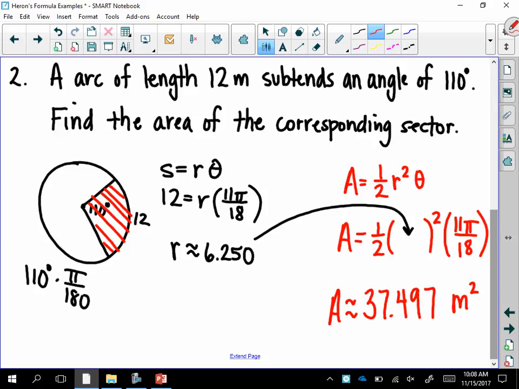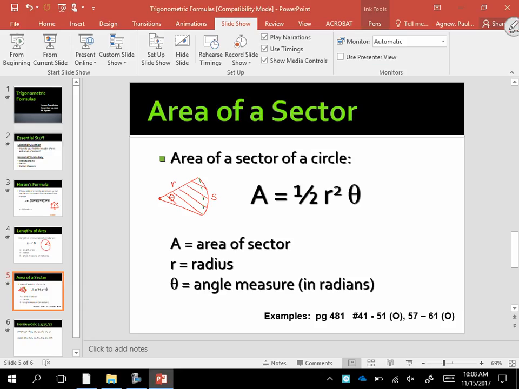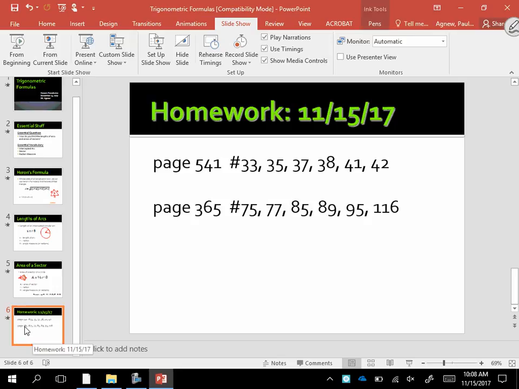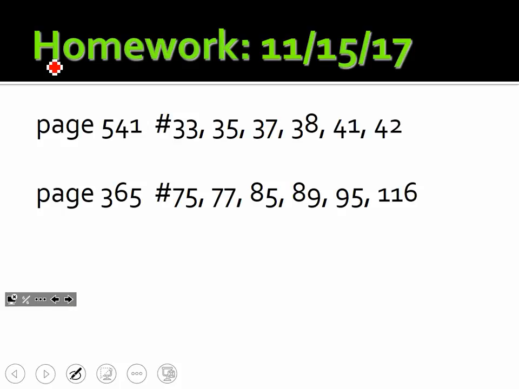All right. So you see, these formulas are fairly easy to use. So your homework will be from these two pages. Page 541.